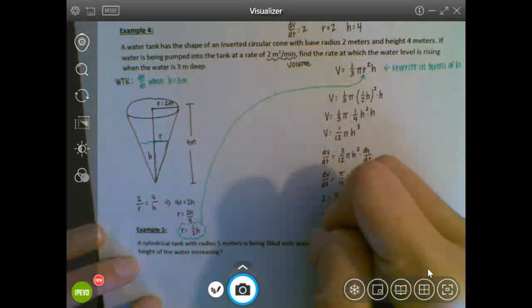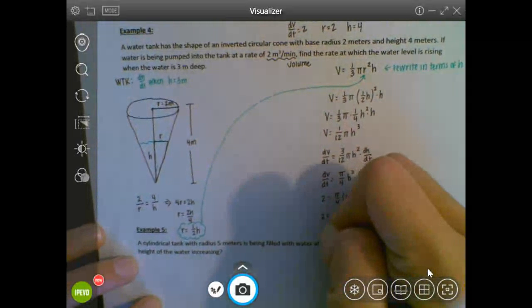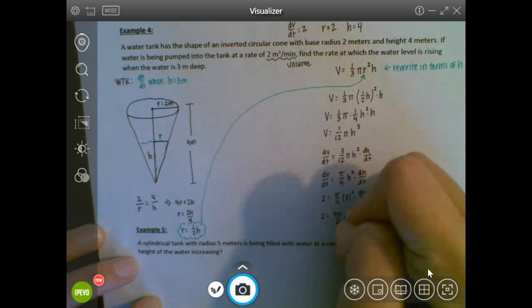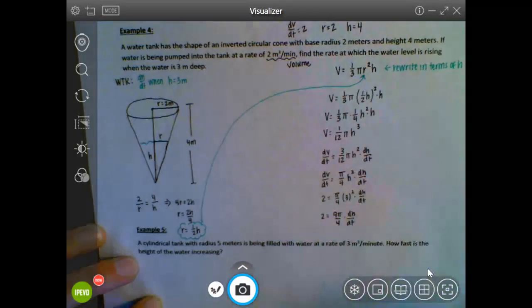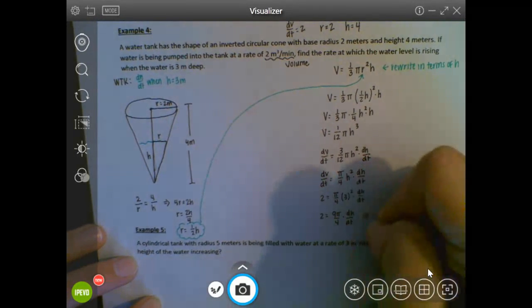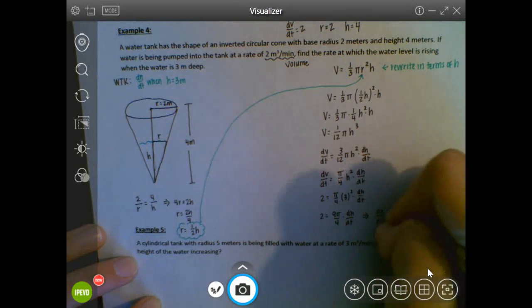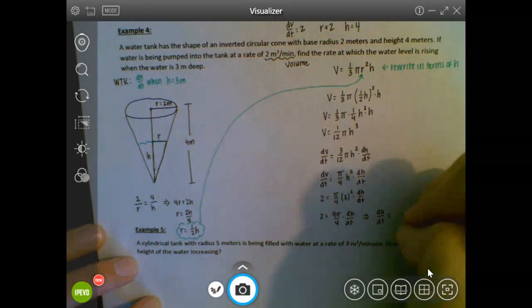So 2 is going to be equal to 9 pi over 4 times dH/dt. And then I can just multiply by this reciprocal to get the dH/dt. So dH/dt would be equal to, I believe, 8 over 9 pi.